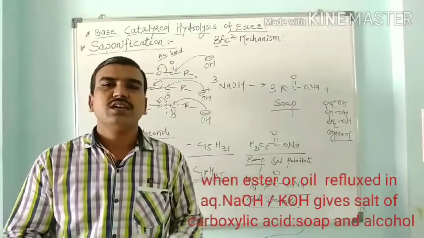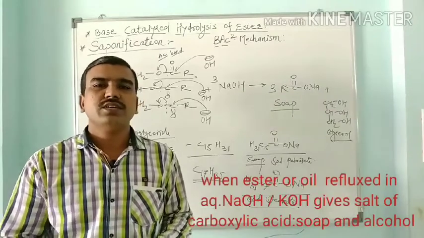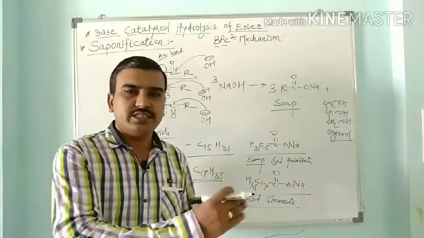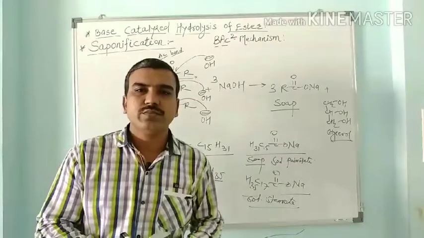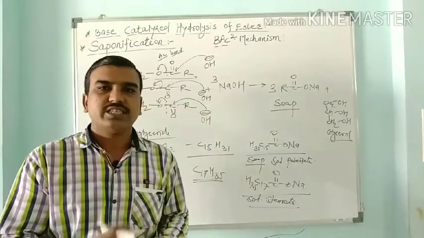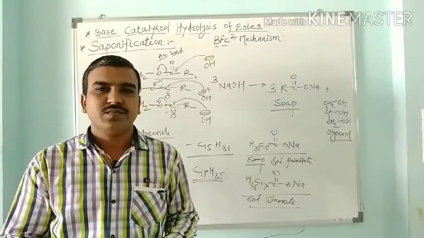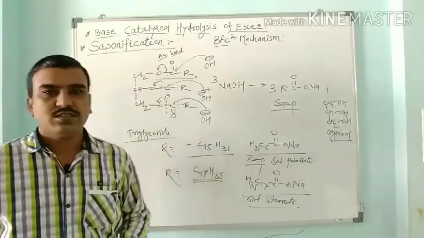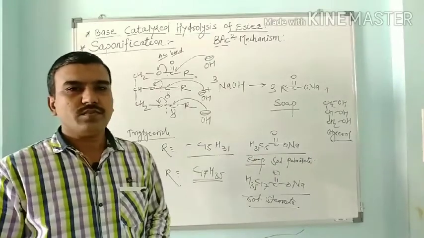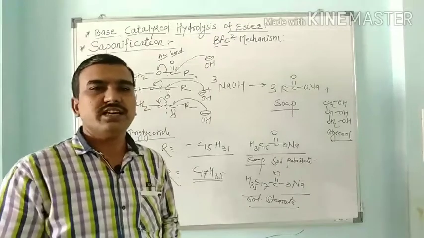This process is ester hydrolysis. This ester hydrolysis has the BAC2 mechanism, in which the rate of hydrolysis depends on the concentration of ester, that is fat, as well as the concentration of base. So here we have discussed the BAC2 mechanism, or base catalyzed hydrolysis of ester, in detail.